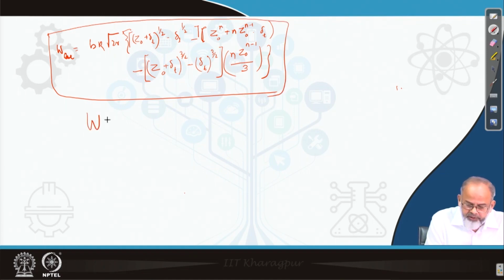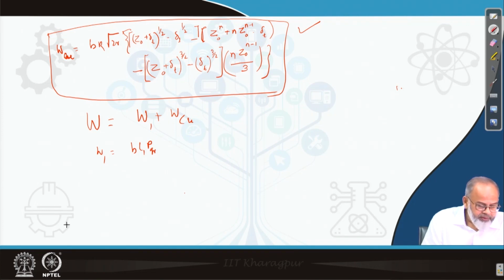So total weight will be equal to W1 plus W2. We have the expression for W2. We have the expression for W1, which is nothing but b into L1 into pgr, plus W2, which is this expression.